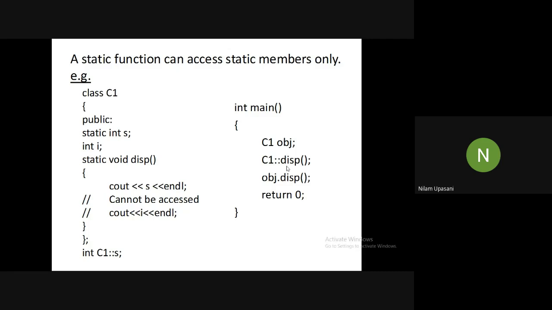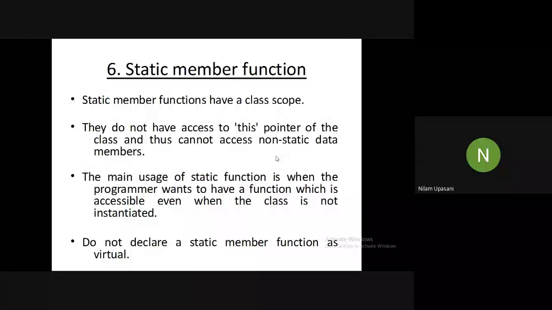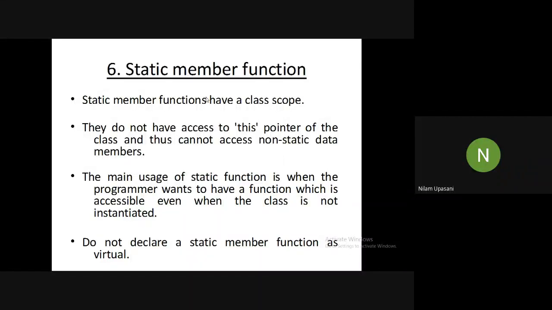Either you can call these members using the class name and scope resolution, or you can call it in your normal way, object.display. So either you can call it on an object, or you can call it directly on the class name. So this is about the static member function.